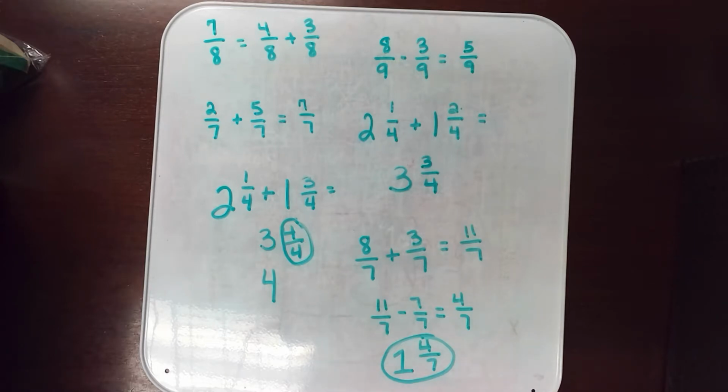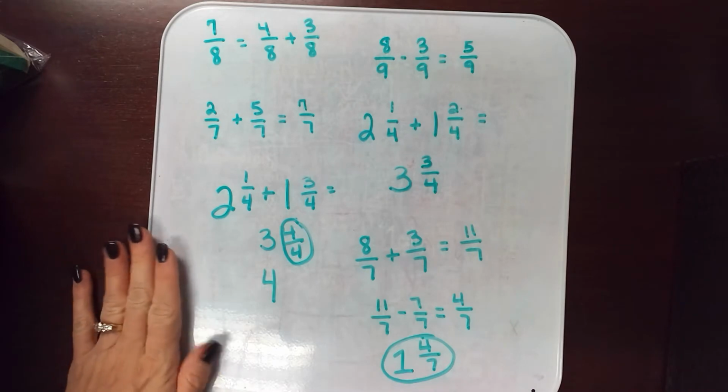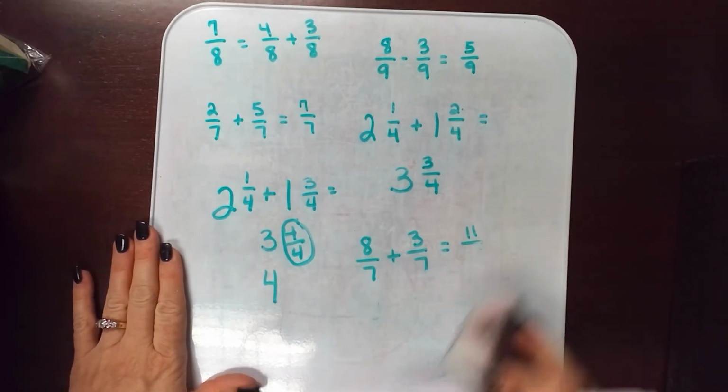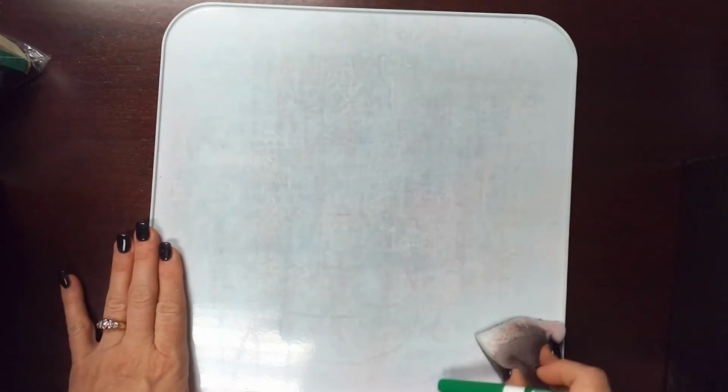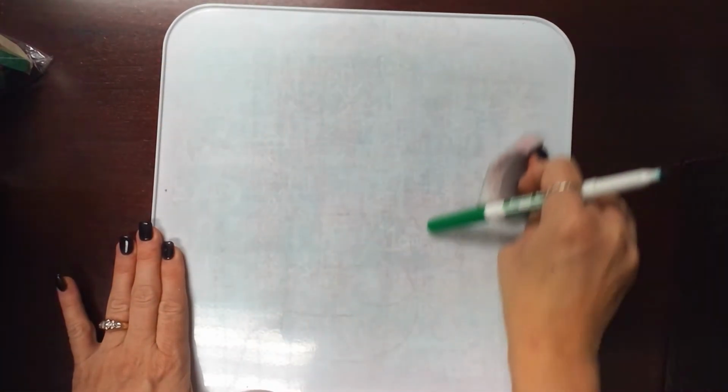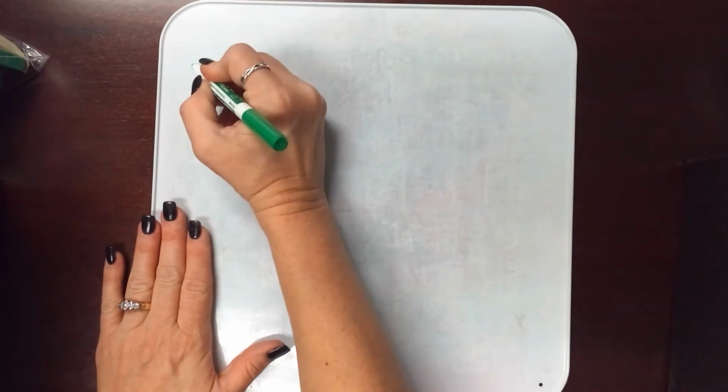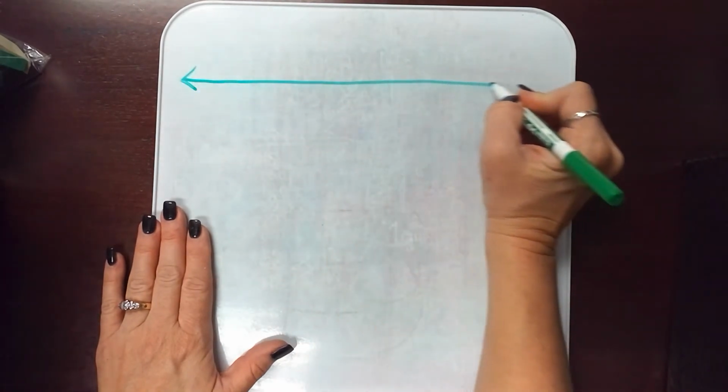So that is just adding, subtracting fractions, and problem solving with adding and subtracting fractions. Our next TEK then has to do with fractions on a number line. And we worked a little bit with this whenever we talked about decimals on a number line. But we also want to come back to fractions on a number line as well.